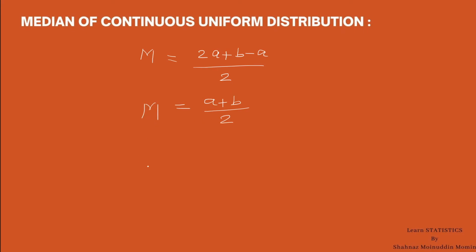Hence m equal to a plus b upon 2. Therefore, the value of median comes out to be a plus b by 2.